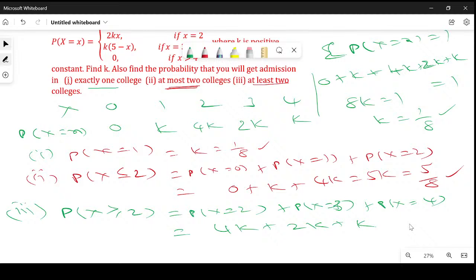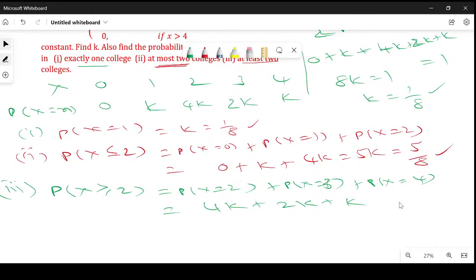But we know k is equal to 1 by 8. So this is 7k, with k value 1 by 8. So the answer is 7 by 8.